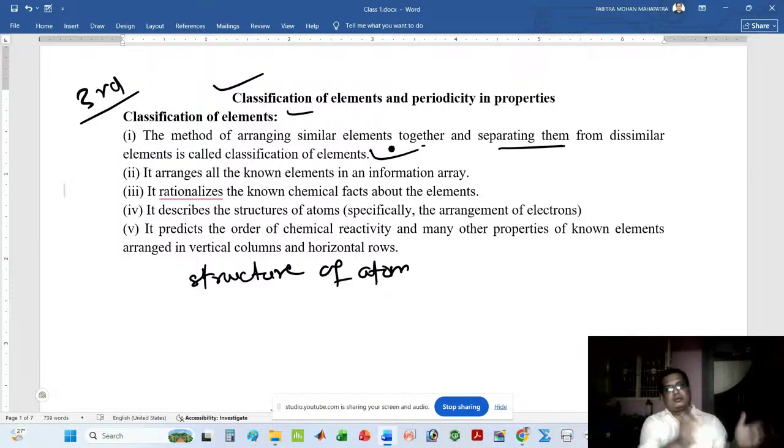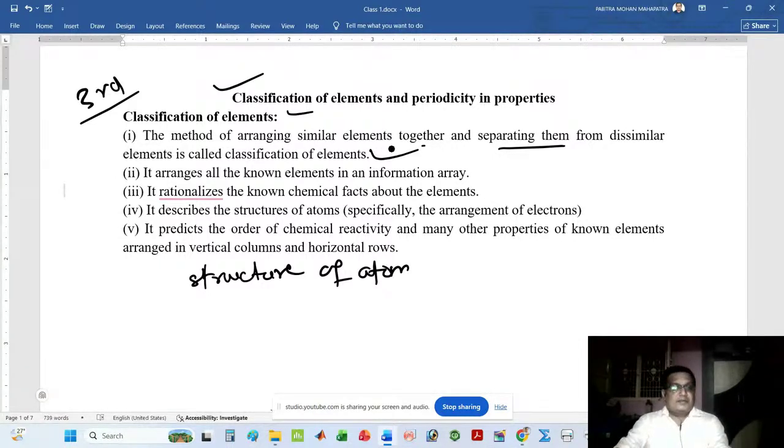Similar elements are grouped in a particular group and placed in a particular place, and dissimilar elements are separated from the similar elements. The separation of the similar elements and the dissimilar elements is generally considered as the classification of elements.